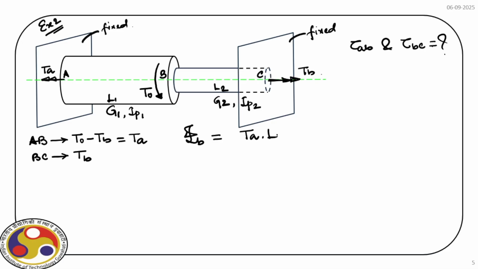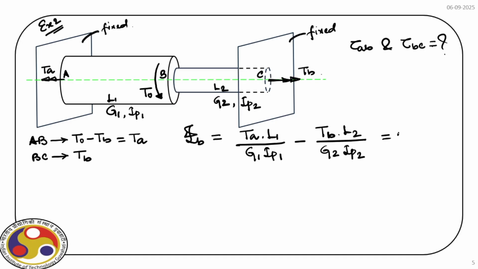So TA times L1 divided by G1 times IP1 is the rotation for the segment AB, right? Minus TB times L2 divided by G2 times IP2.